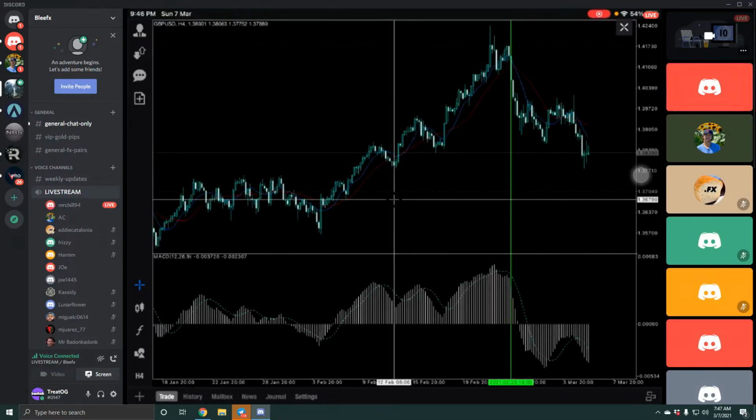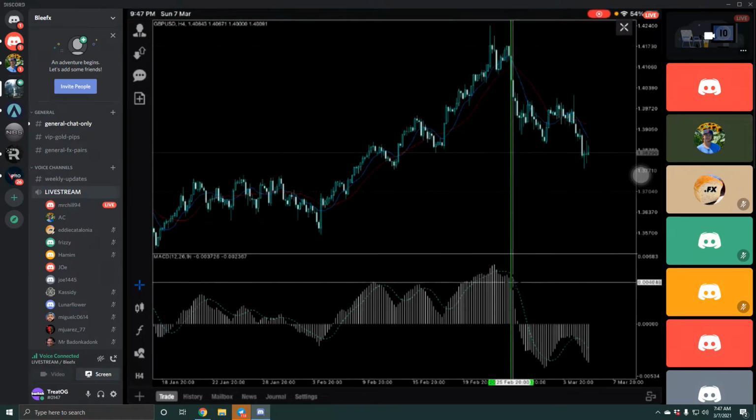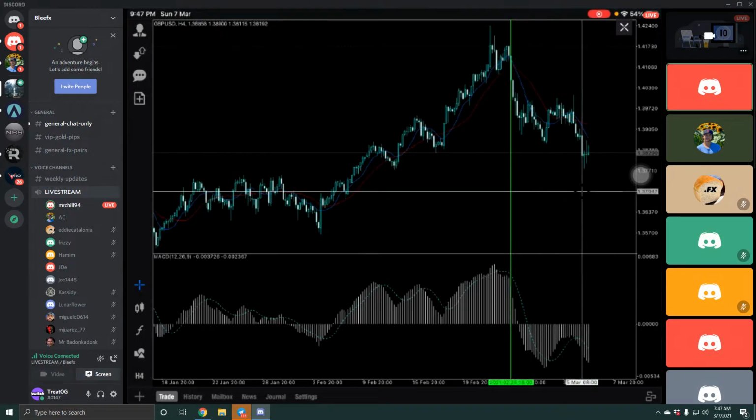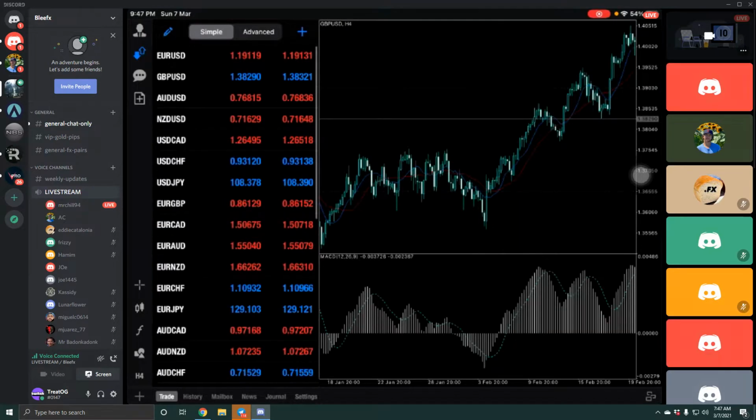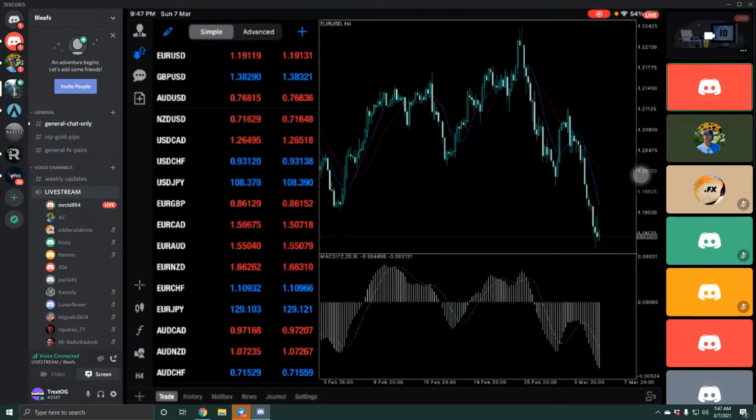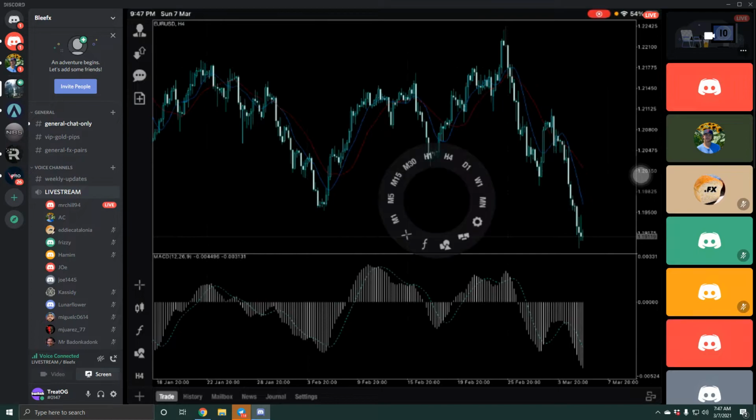Look at that! Isn't that perfect? This is how I got those sniper entries on these pairs. This is easy. And this happens at the same time when EURUSD crosses over. You don't believe it? You look at it, at the same time.